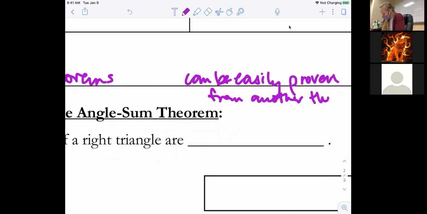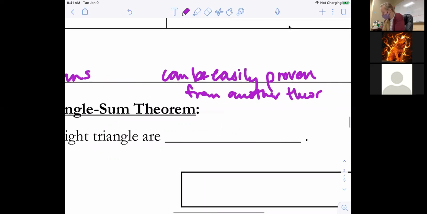I think there's some kind of hierarchy with these theorems and corollaries and postulates. At the end of the day, we're going to trust all of them as truth and fact. But if I use the word corollary, it's just a statement that can easily be proven from another theorem. It's a mini theorem. So we're going to talk about a couple right in here.